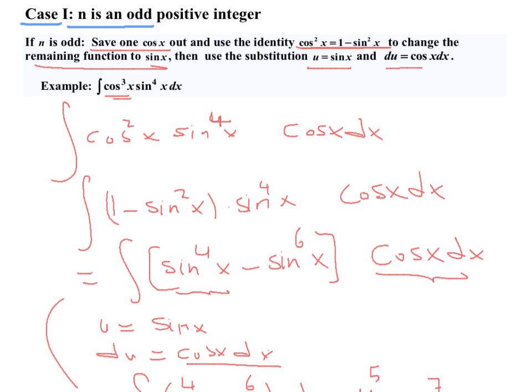If we look at the procedure again, the power of cosine was odd, so we took one cosine out and saved it, so this became cosine squared. Since it became even, we can use the identity and change it into sine. So we have a sine function here, and this is a cosine, which is the derivative of sine.